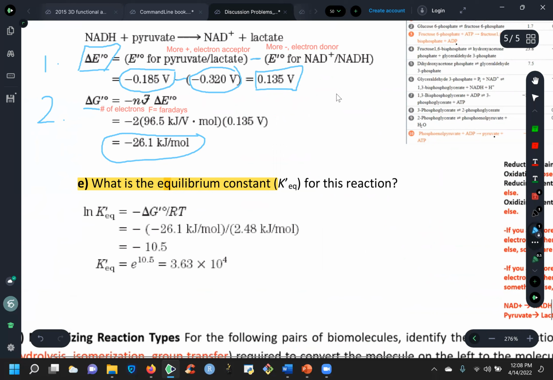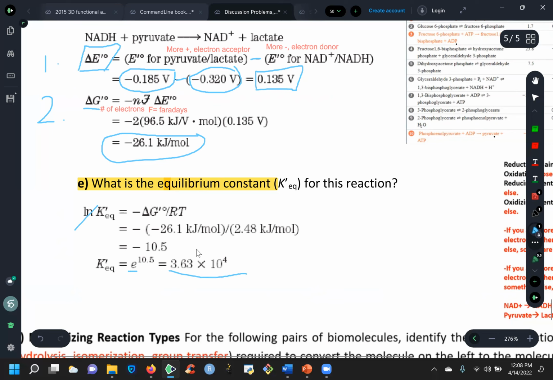They gave us the temperature, and we know R. So you just divide those two and we get 10.5. And to get rid of the ln, you just do e to the power of 10.5, and that gives you this number. And this is a really large number. So we just did everything the same.